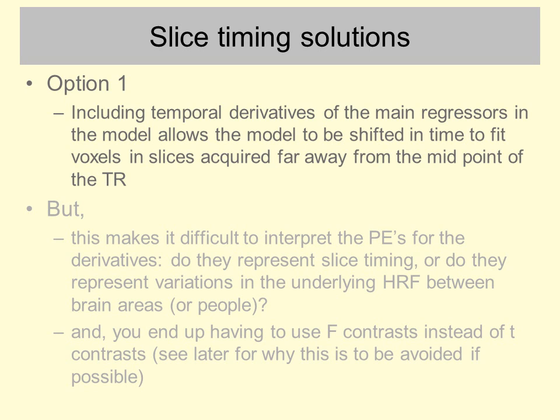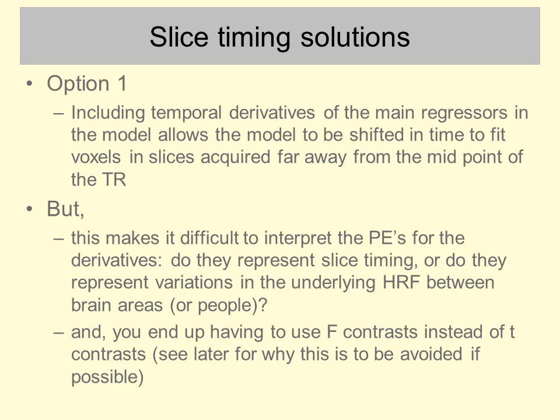So then you would really need to look at the parameter estimates that you get on your temporal derivatives, and then you'd have to wonder, do these parameter estimates on the time derivatives represent slice timing issues, or do they represent the other problem I talked about last week, which is that variations do occur in the timing of the hemodynamic response between different brain areas and between different classes of people.